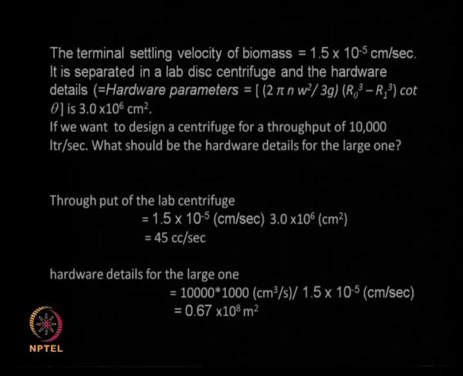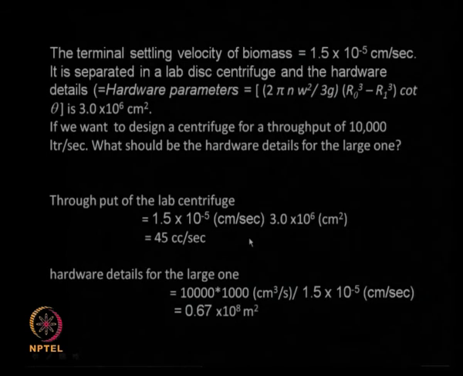You can go to a vendor and look at all the centrifuges available with him, and then you can see which centrifuge has a hardware parameter closer to this, understand. So you may have different combinations of radius, you may have different number of discs, so you can select one of them depending upon which one is closer to this 0.67 into 10 power 8 meter square.